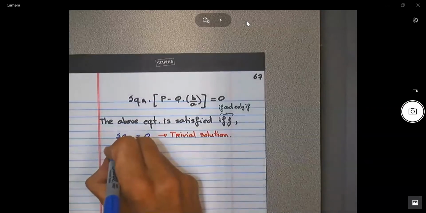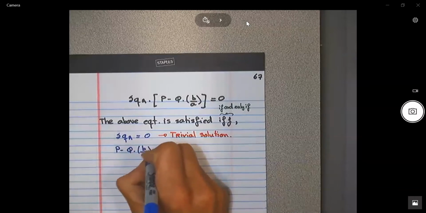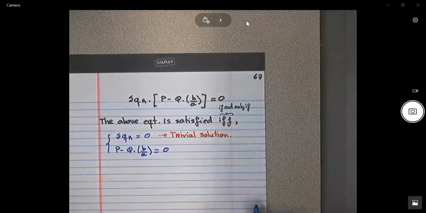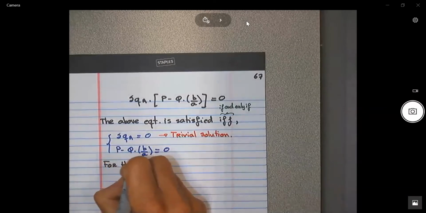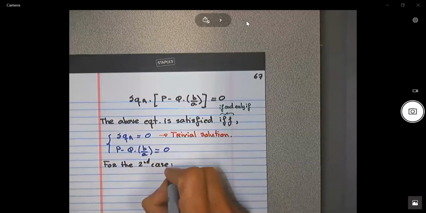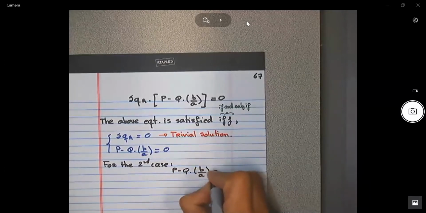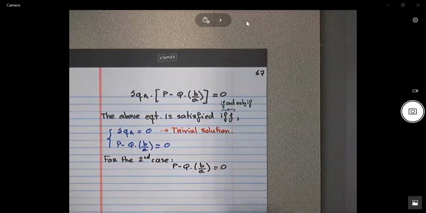Or when P minus Q times B over A is equal to 0, okay? So in the second case, which is P minus Q times B over A equal to 0, that will give you what?